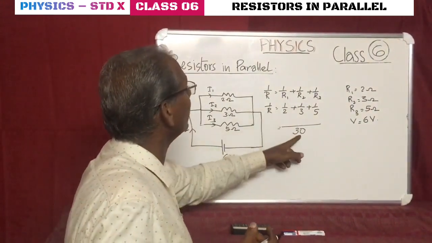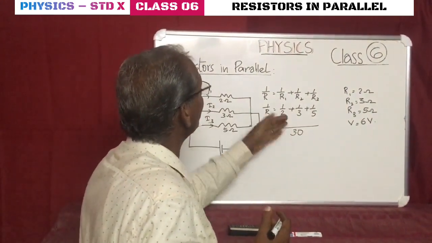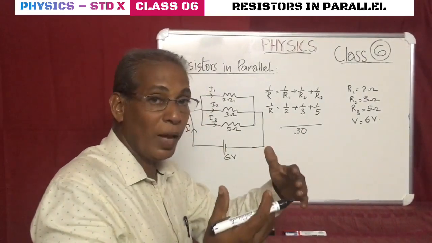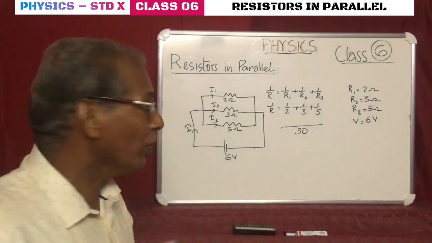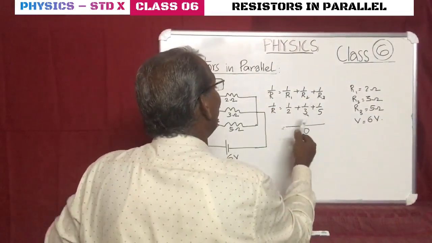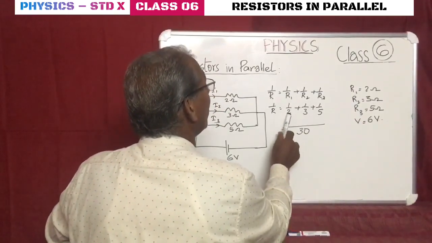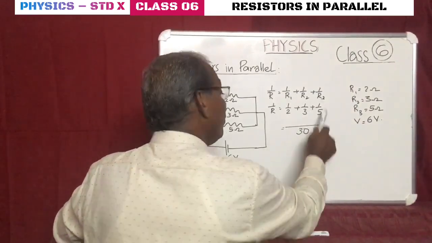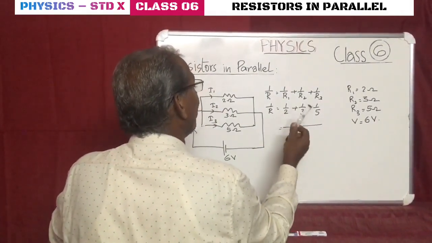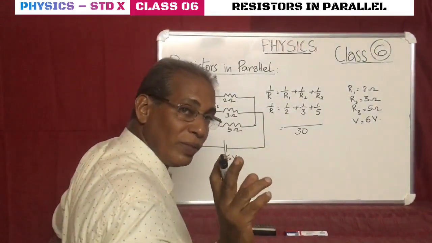So let us see 30. What to do to convert 2 to 30? We have to multiply 2 by something to get 30, because this product of these three will be a multiple of 2, 3 and 5. So the multiple of 2 which will give 30 is 15.